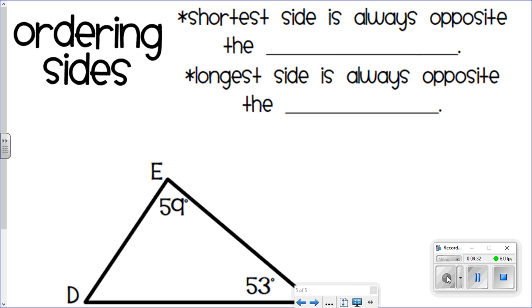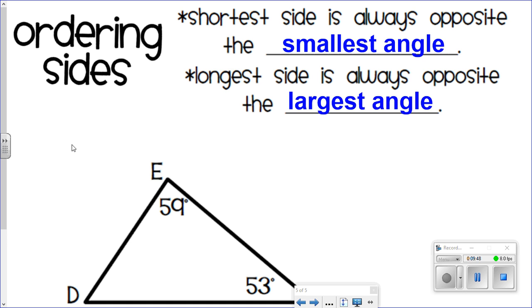Alright, so the last thing we're going to do is order the sides. And it's pretty similar to ordering angles. The shortest side is always going to be opposite the smallest angle. And then the longest side is always opposite the largest angle. So it's important that we make sure we have all 3 angles in a triangle so we can really determine which one's the smallest and the largest.